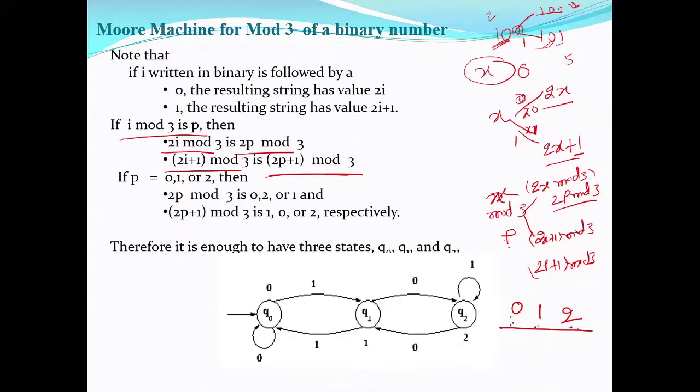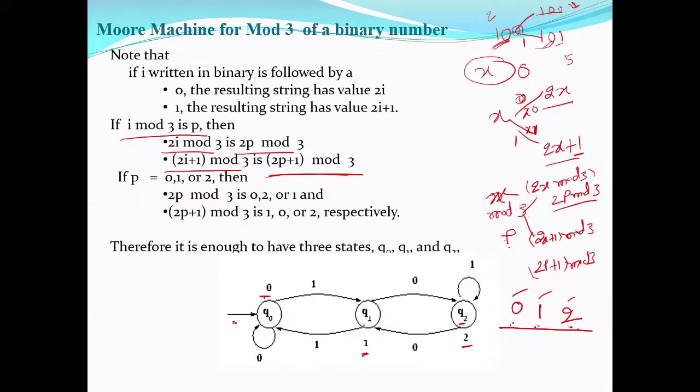If you are designing for mod 5, then you require 0, 1, 2, 3, 4, because the remainder of any number divided by 5 may be 0, 1, 2, 3, 4. Because this is for 3, I am getting 0, 1, 2. So I require 3 states: one state Q0 with 0 output, another state Q1 with 1 output, another state Q2 with 2 output. These are the 3 possibilities.